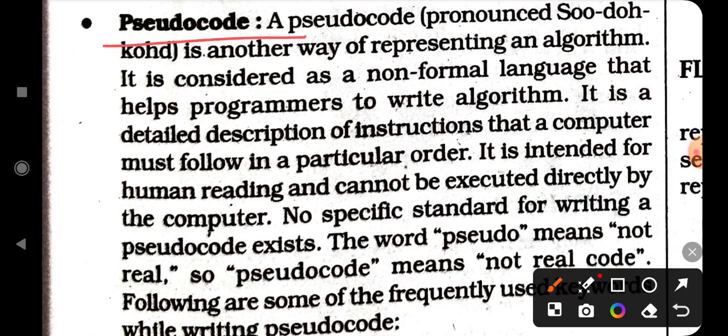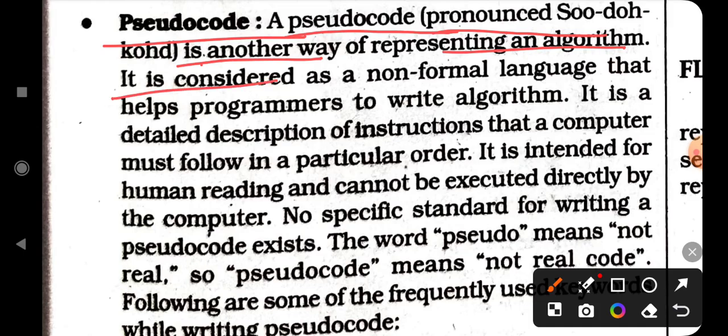Pseudocode is another way of representing an algorithm.